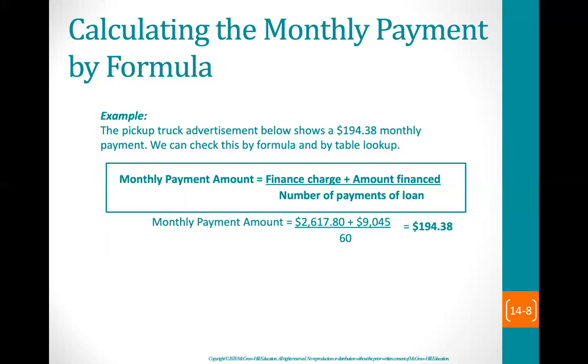In our example, our finance charge was $2,617.80. Our amount financed was $9,045, and we're making 60 payments. When you add the 2 together and divide by 60, we get our monthly payment of $194.38. So the ad does show the proper monthly payment amount.